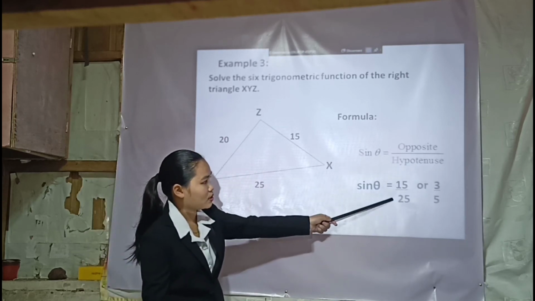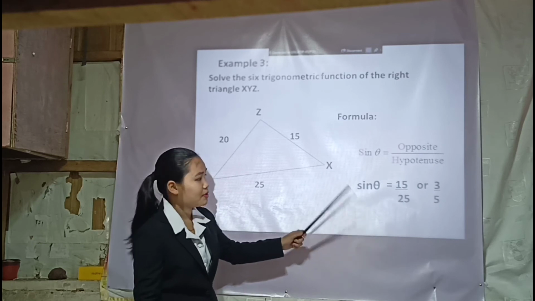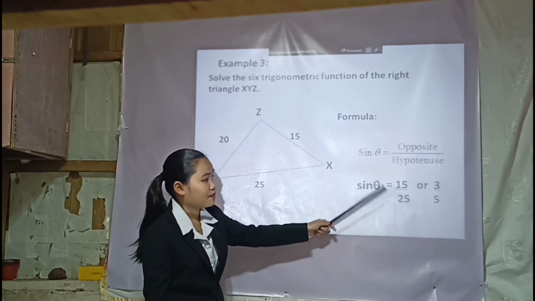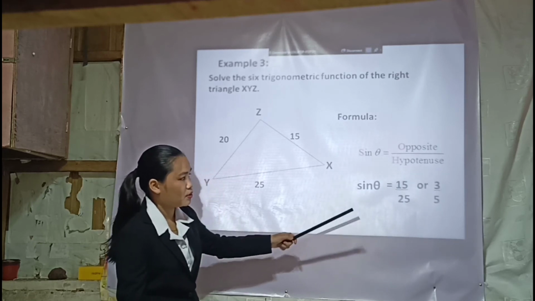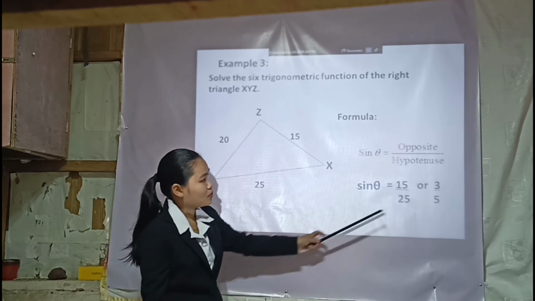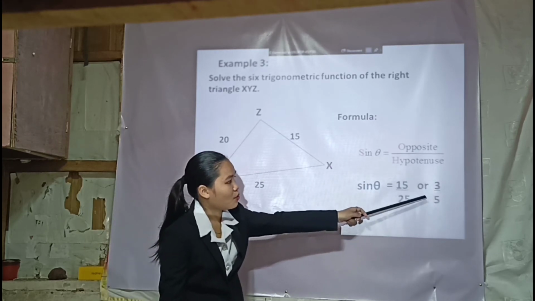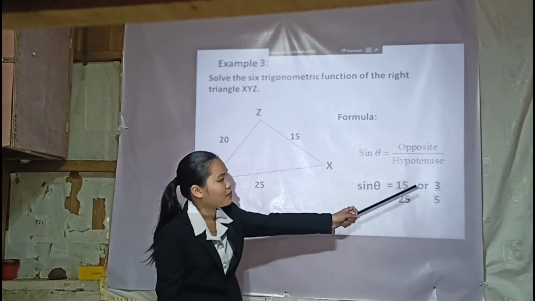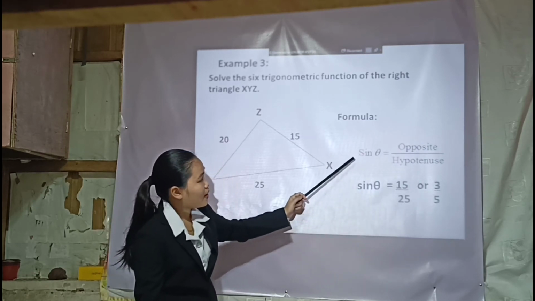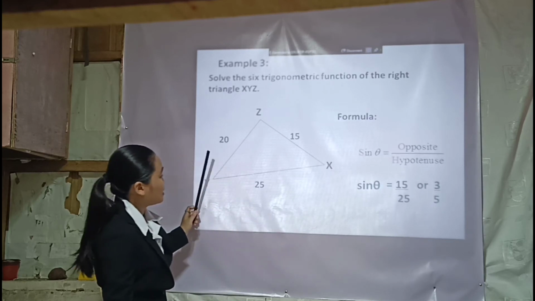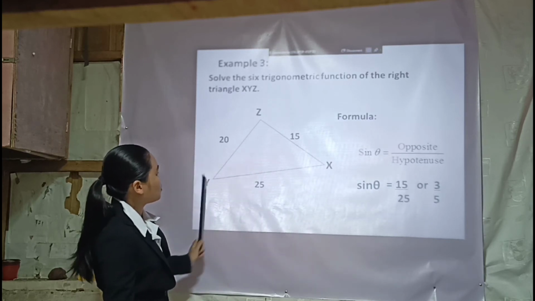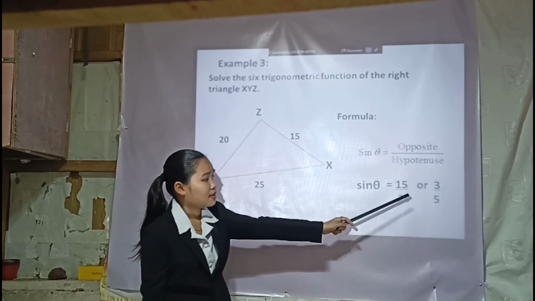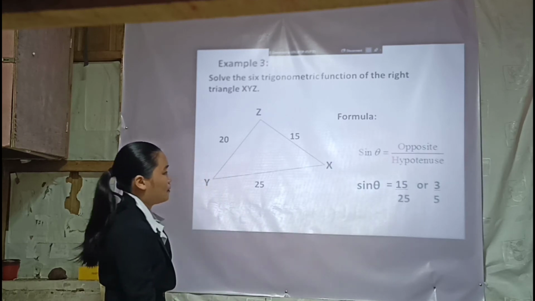So, 15 over 25 can be reduced by dividing by 5. So, the answer is 3 over 5. So, the value of sine theta for this right triangle XYZ is 3 over 5.